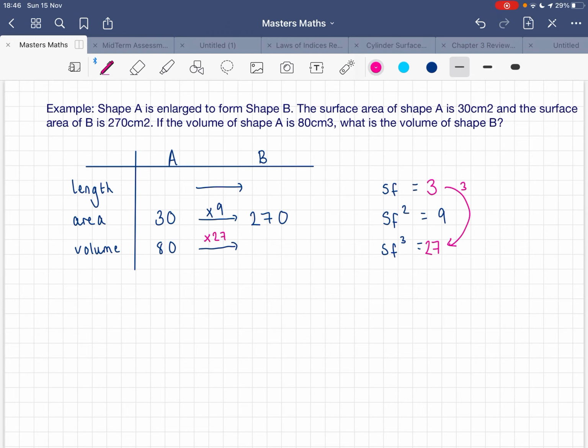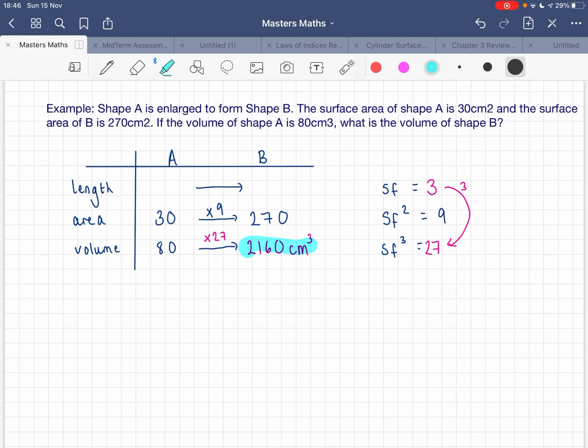So that is what I need to multiply that 80 by to find the enlarged volume. So I'm going to do it on my calculator, 80 multiplied by 27, which is 2,160 centimetres cubed. And that is my answer. That's it.